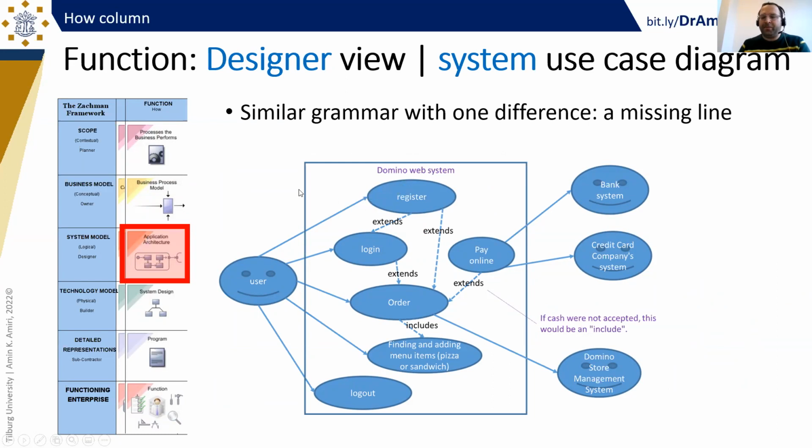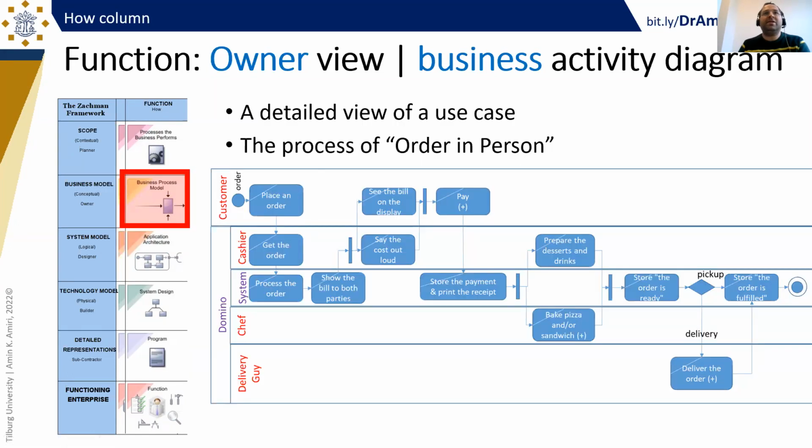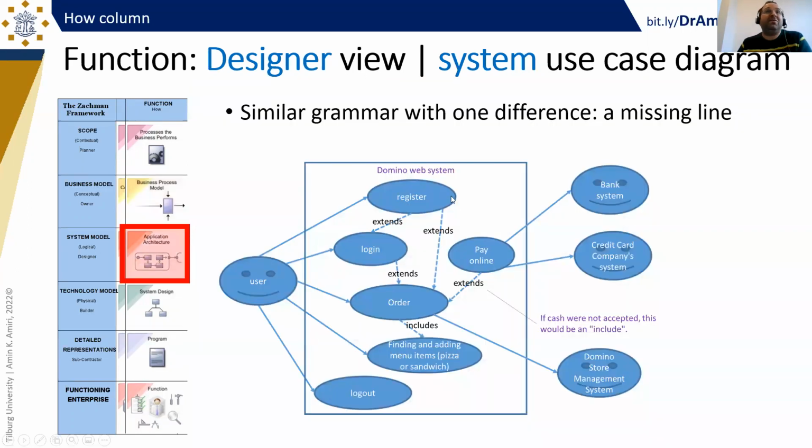And the other difference is that in the business view, we have people who do things manually: cashier, chef, delivery guy. But in the system view, everything is about that system and nothing else.